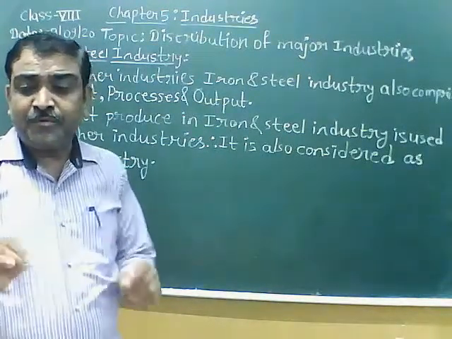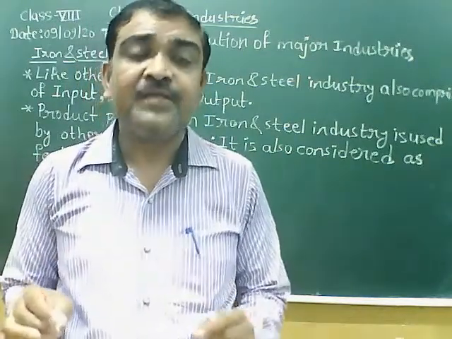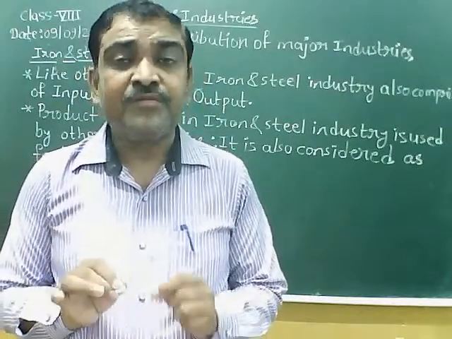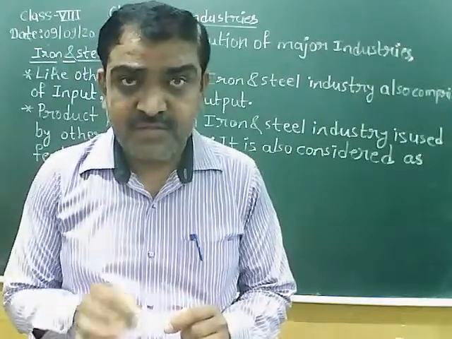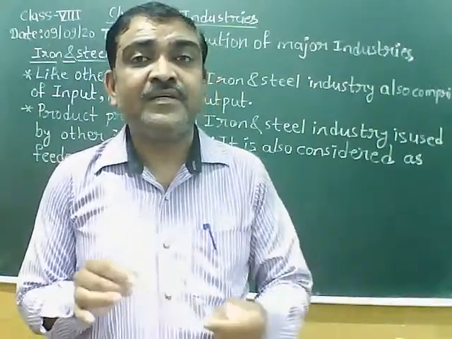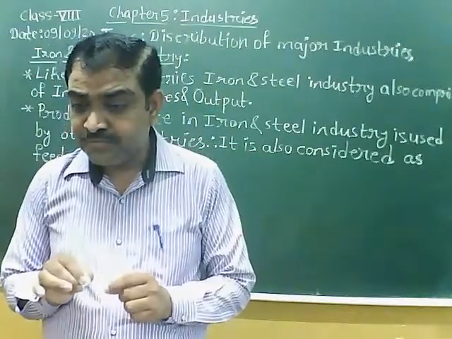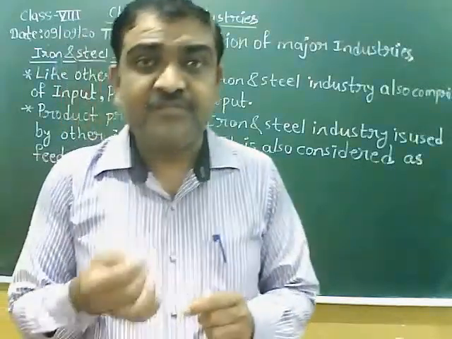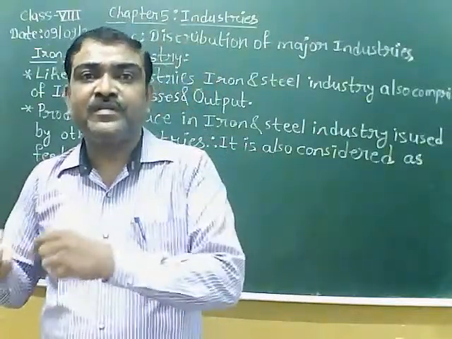Now, in an iron and steel plant, what is produced? Pure iron and steel is produced. So the product produced in the iron and steel industry is later on used by the other industries. बाकी की जो इंडस्ट्रीज हैं वो क्या करती हैं? आयरन और स्टील को यूज करती हैं.